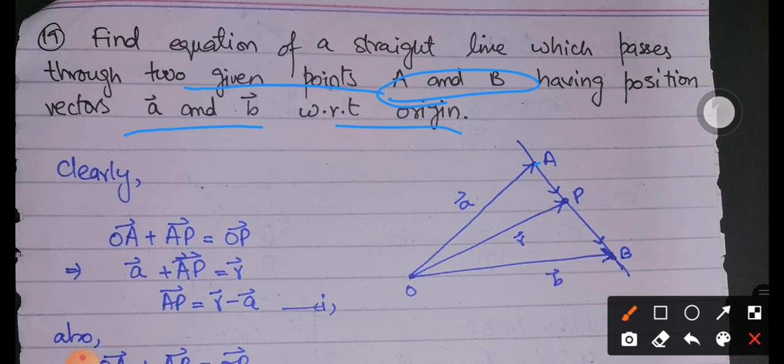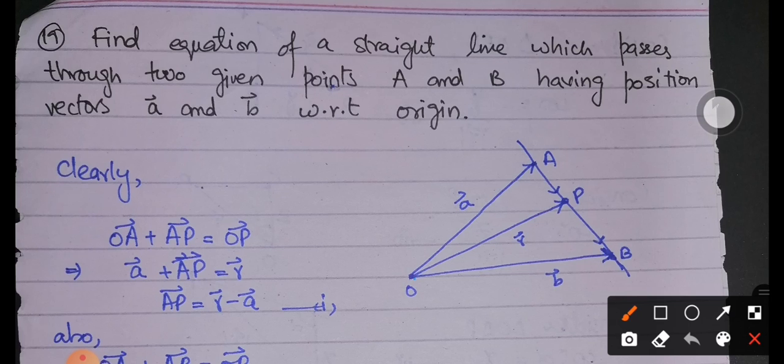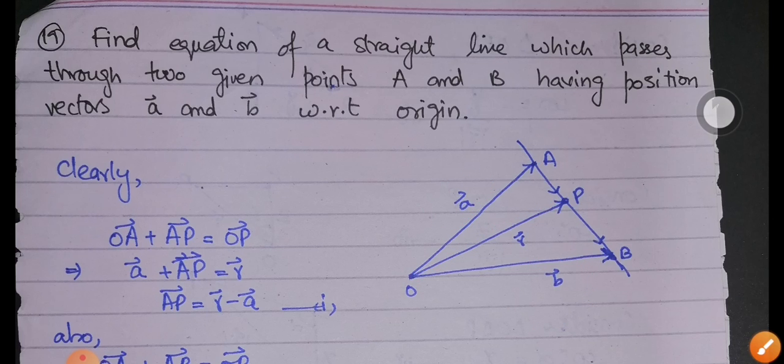Let's suppose this is my point A and this is my point B, and a line is passing through these two points. We are given that the position vector, the vector from the origin to point A, is represented by vector a, and the position vector of point B is represented by vector b. Let's suppose P is any point on this line and r is its position vector with respect to the origin.